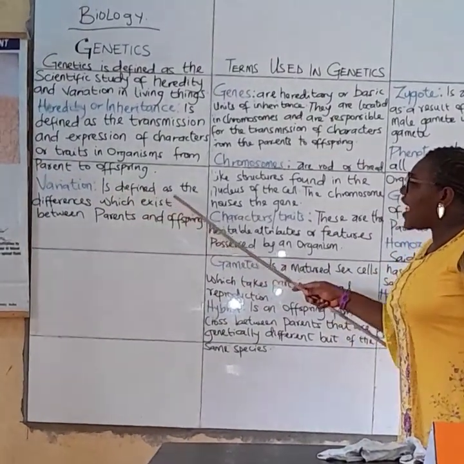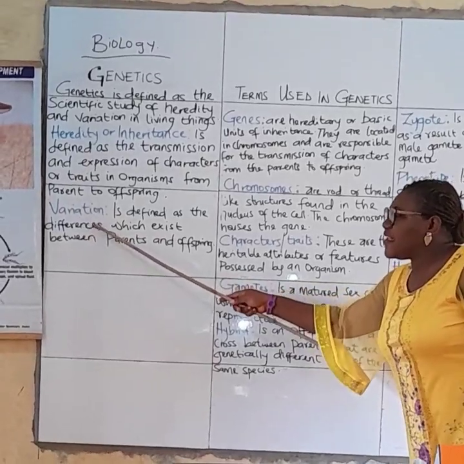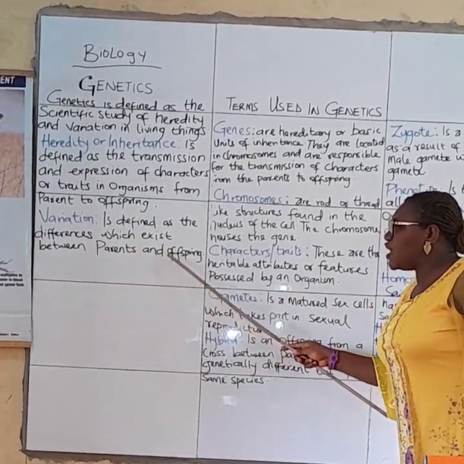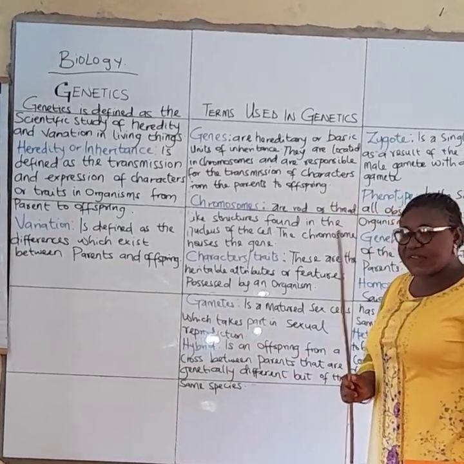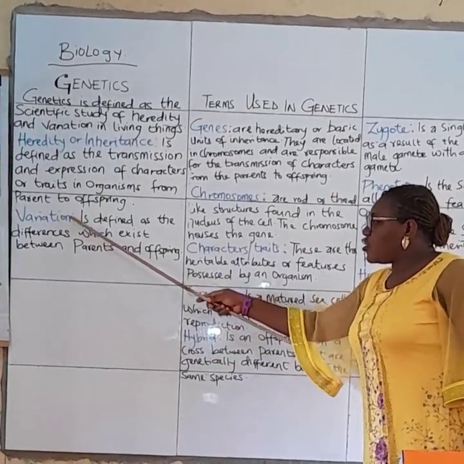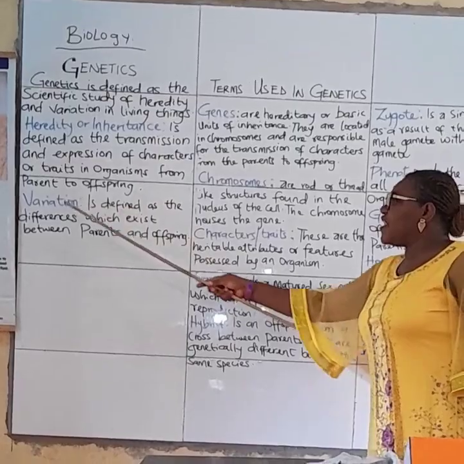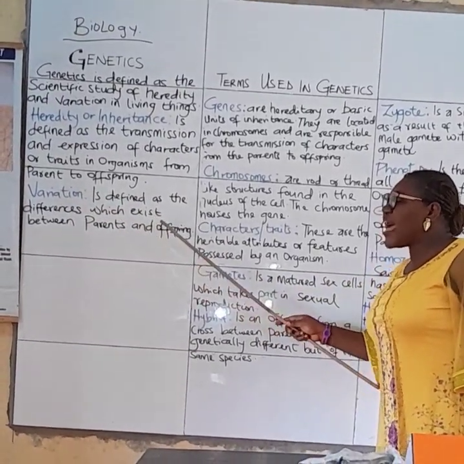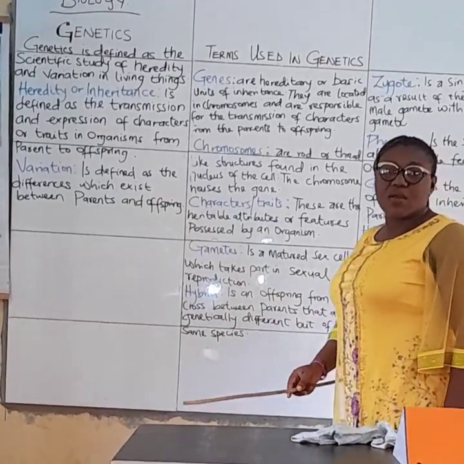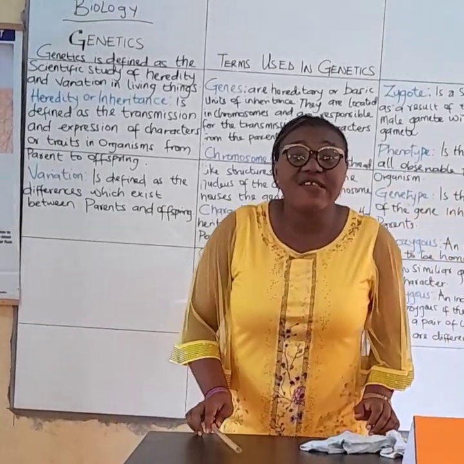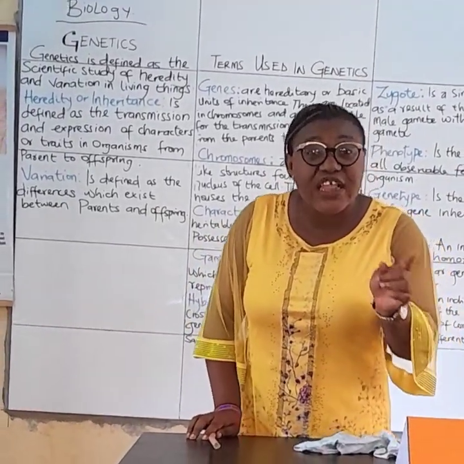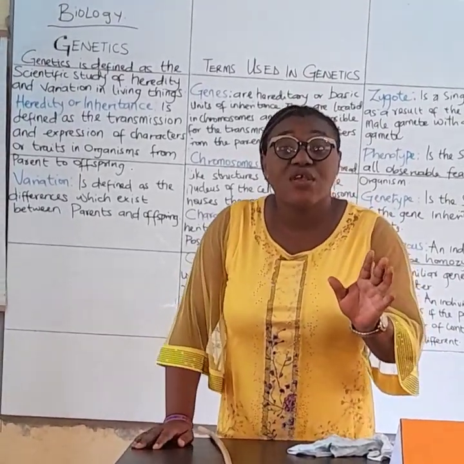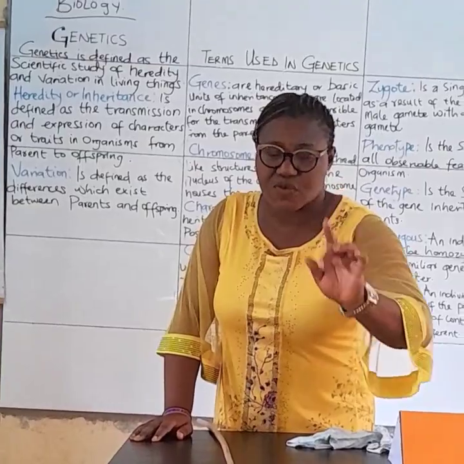Variation is defined as the differences which exist between parents and the offspring. I repeat. Variation is defined as the differences which exist between parents and offspring. That difference that exists between you and your parents. It is true that it's your parents that give birth to you.